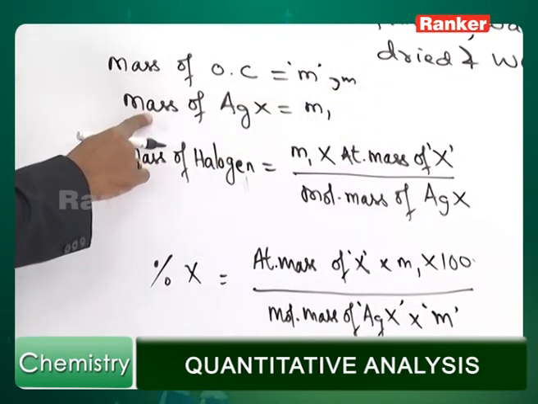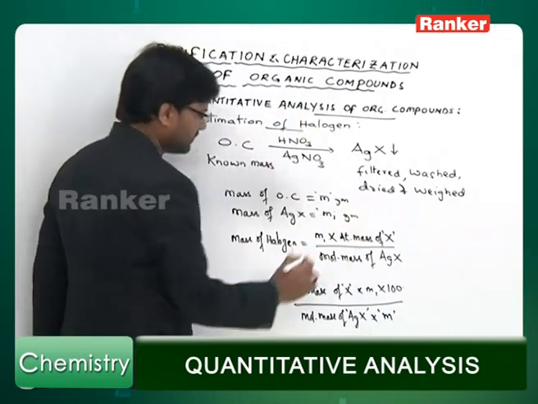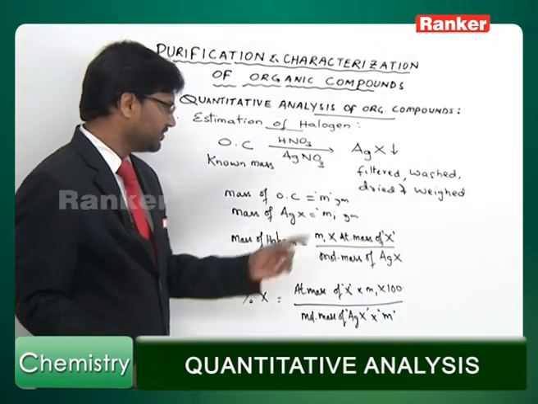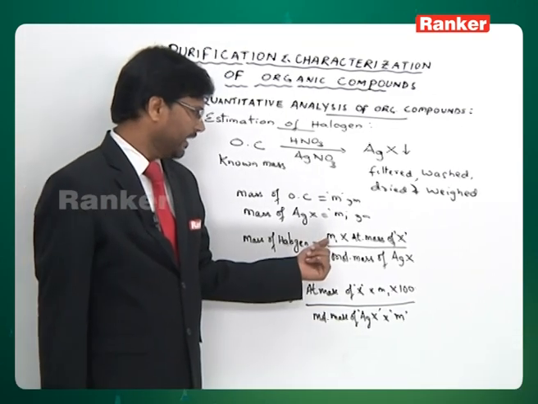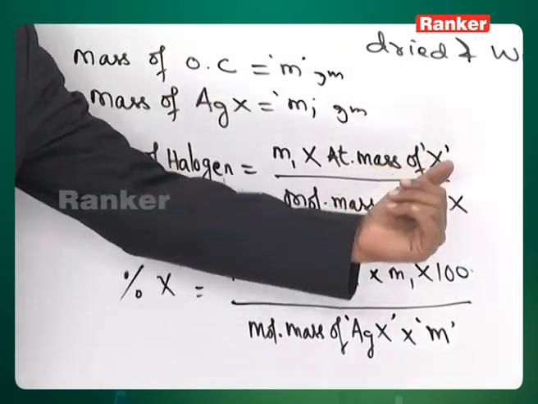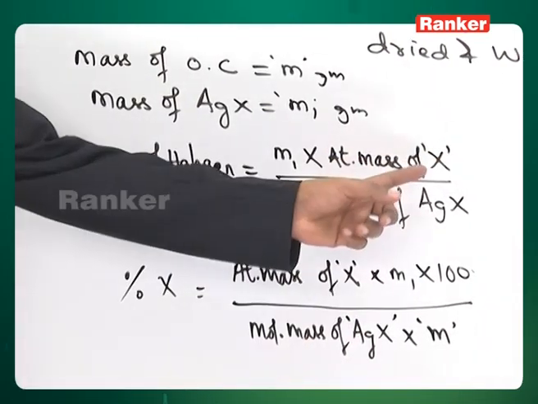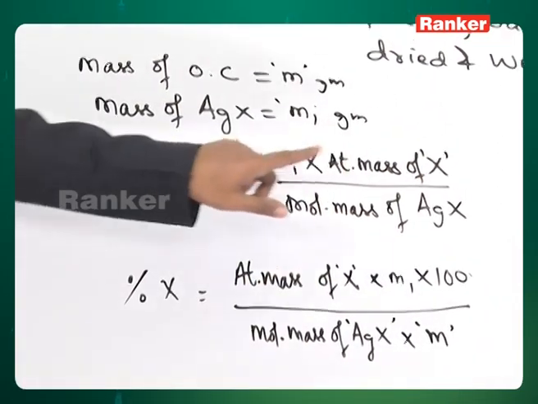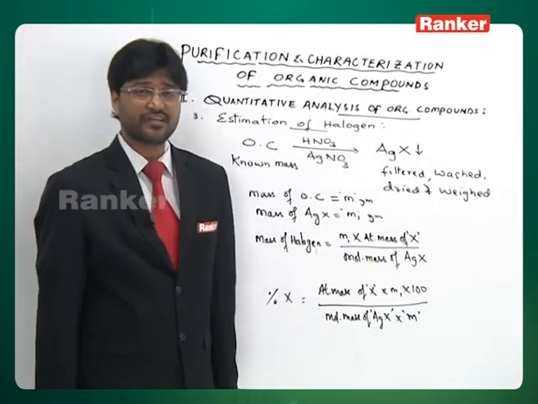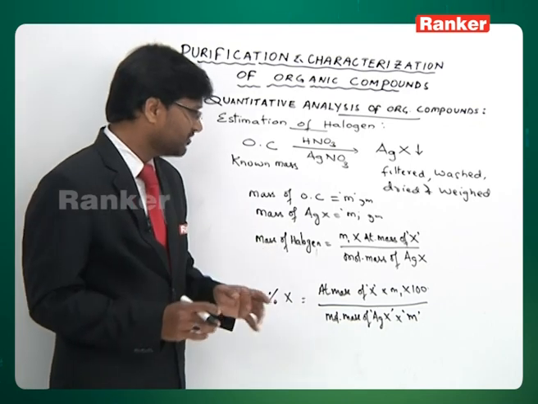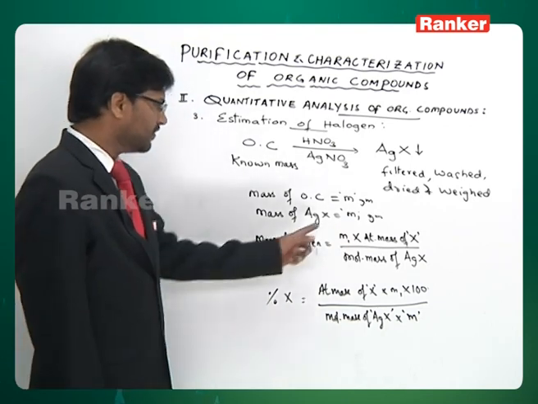Let us assume that the mass of AgX formed in the experiment is m1 grams. Then the mass of halogen present in m1 grams of silver halide is m1 into atomic mass of X. If the halogen is chlorine, you take it as 35.5. So, m1 into atomic mass of X divided by molecular mass of AgX. That gives the mass of halogen present in m1 grams of silver halide.